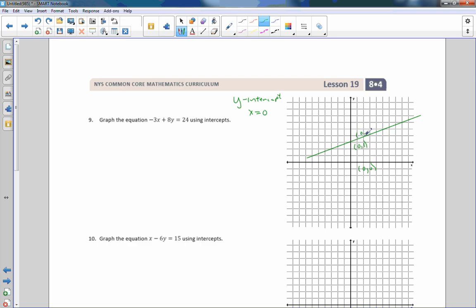That is the point (0, 3). If you notice, the y-intercept is the y value where the line crosses the y-axis, and the x value of every point there is 0. So whenever the line crosses the y-axis, the x value is always 0.